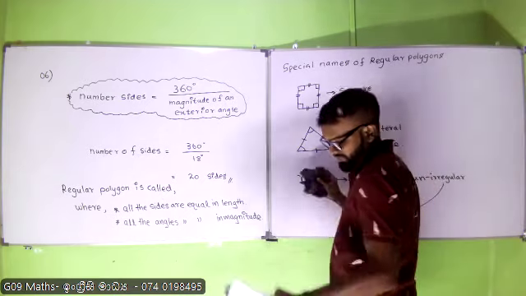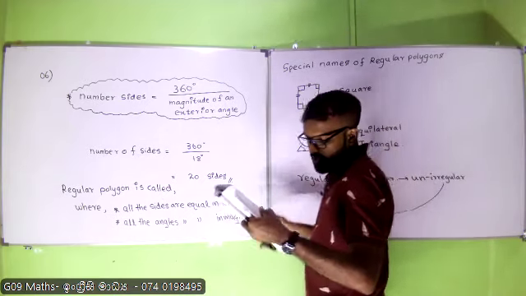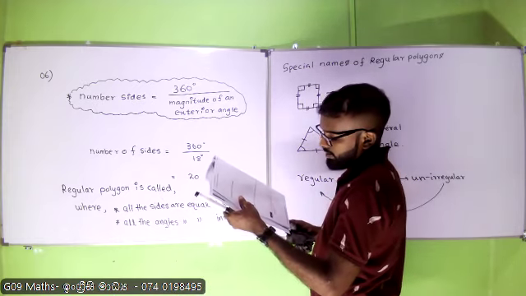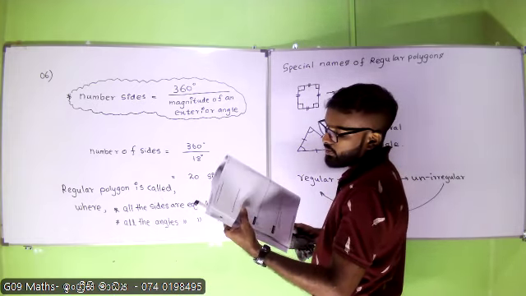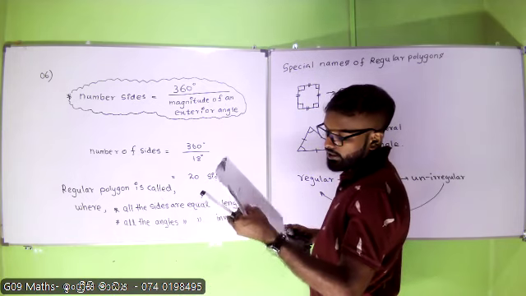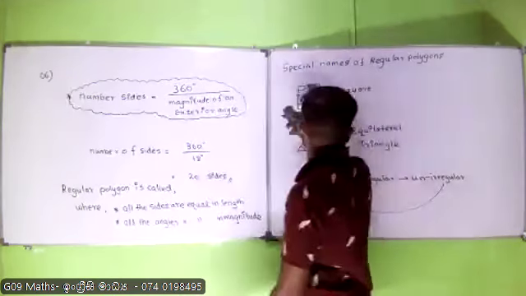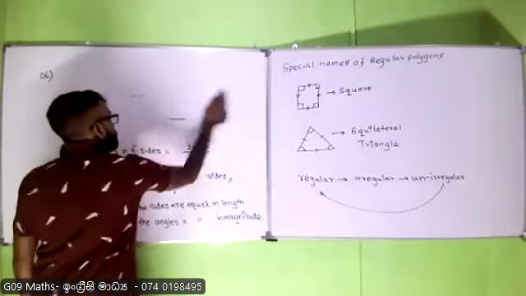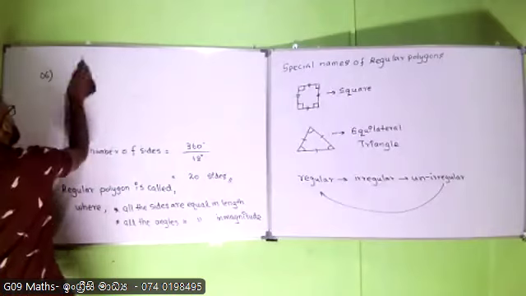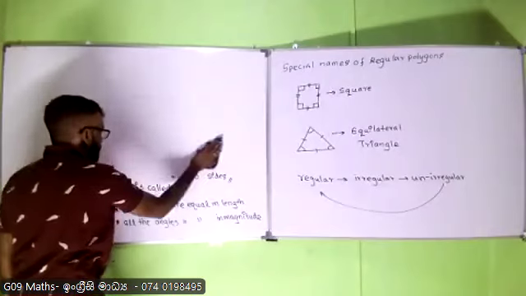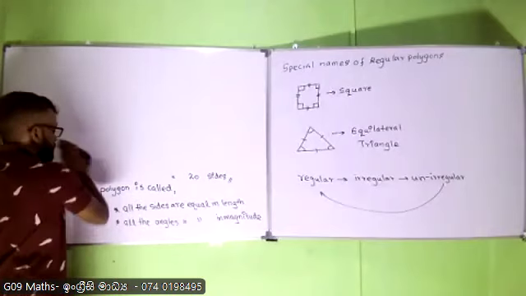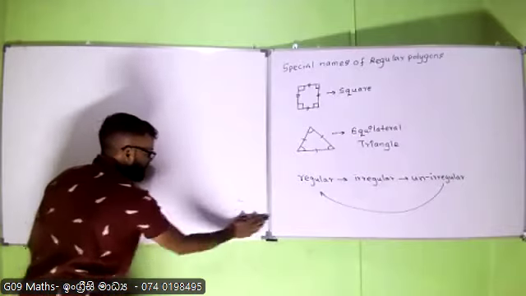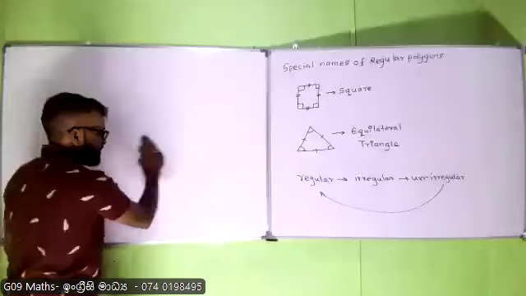Okay. Example number 1. Find the magnitude of an exterior angle of a regular pentagon, and thereby find the magnitude of an interior angle. We have done something similar yesterday as well.